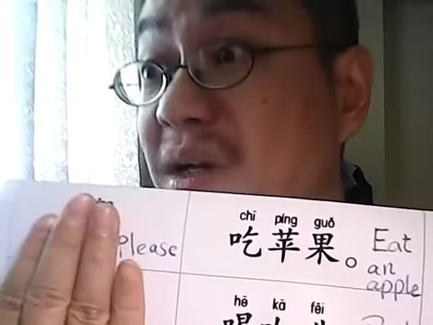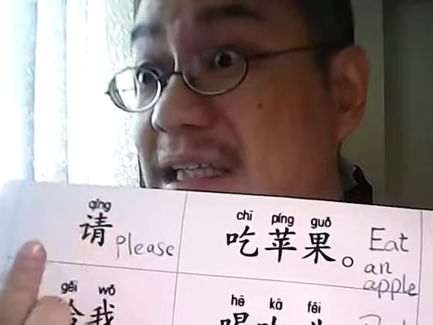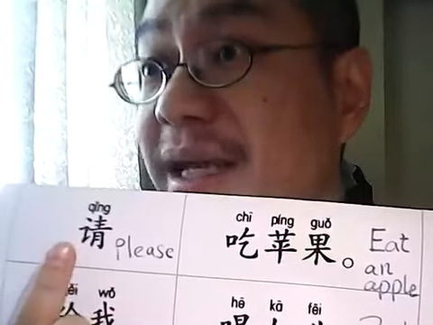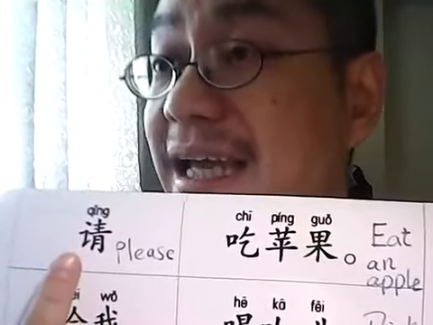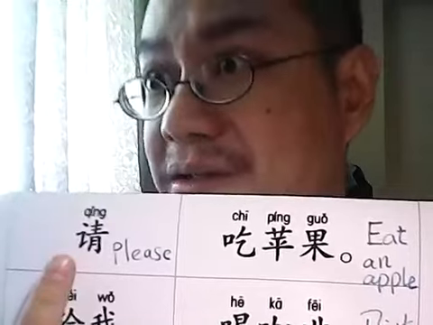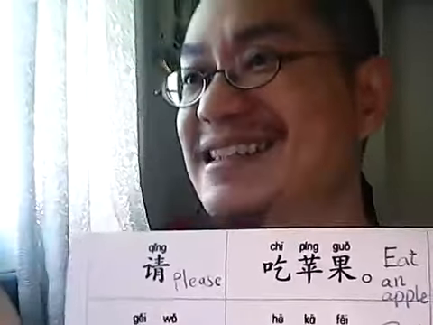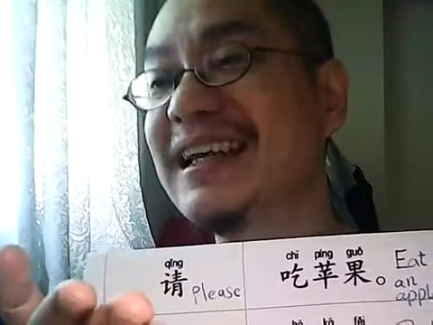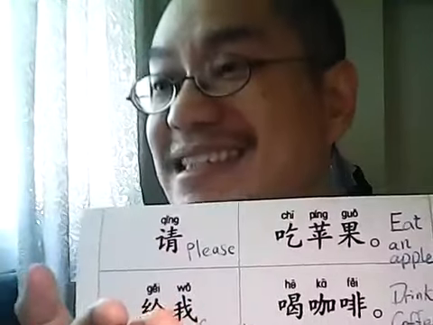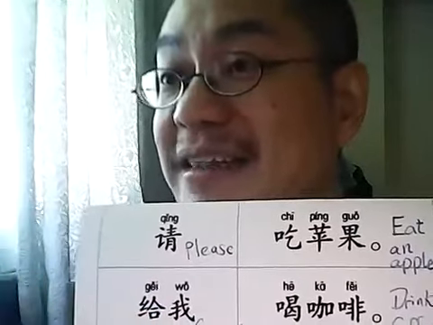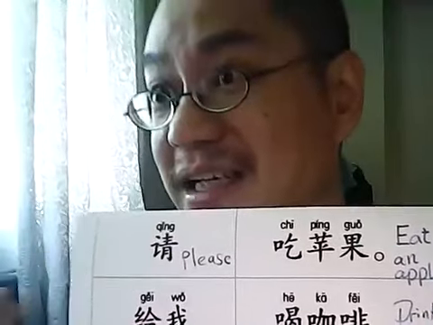But if you want to be polite, you need to add this magic word, 请. And that makes you sound more well-mannered, more polite. 请吃苹果. Please eat an apple. That makes you sound more polite.